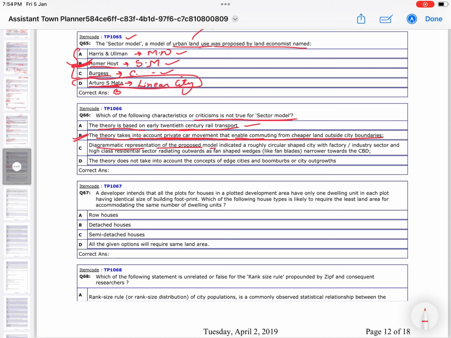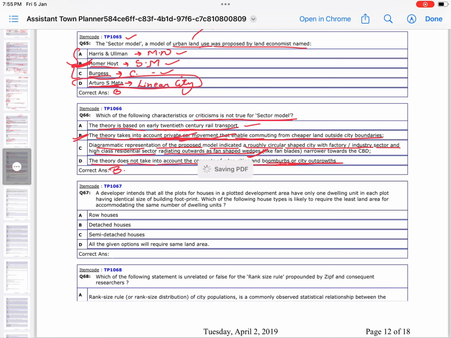Diagrammatic representation of the proposed model indicates a roughly circular city with factory, industry sector and higher class sector radiating outwards in a wedge-like form. So this is correct. The theory does not take into account the concept of wedge cities and bomb urbs or city outgrowth. So B is the correct answer. It does not take account of private car movement.